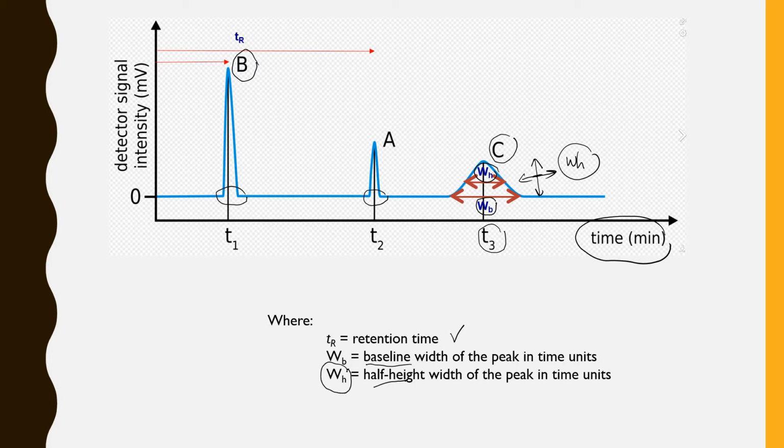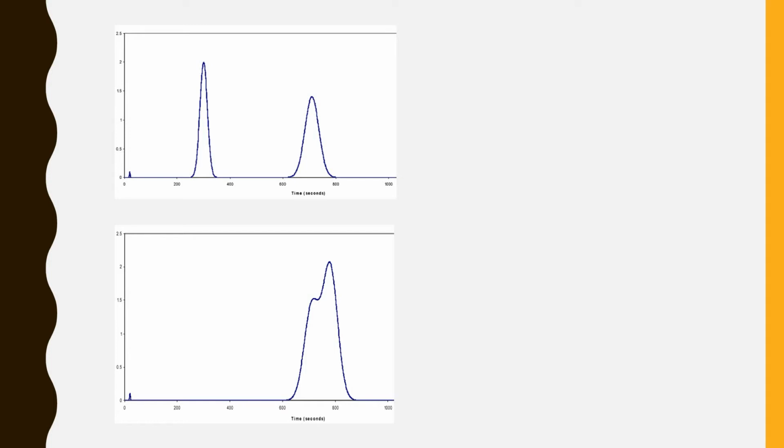For example, you have two chromatograms, and you know that there are two compounds that need to be separated. From here, you can see that the first chromatogram is well separated, right? In other words, this is a very good separation. And then you have this one, where the peaks are overlapping each other.